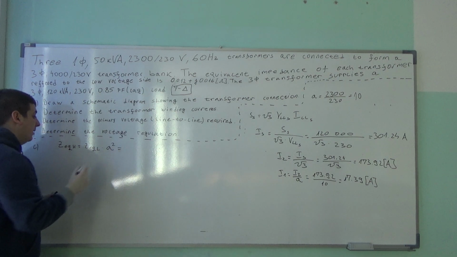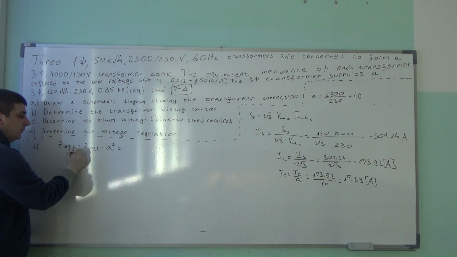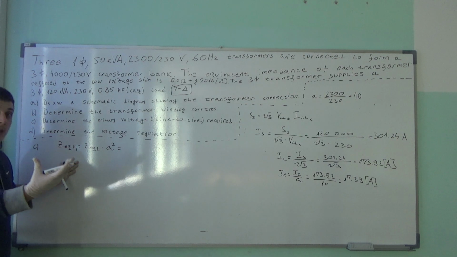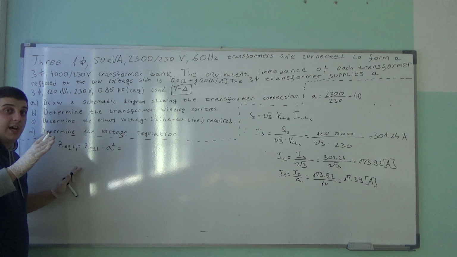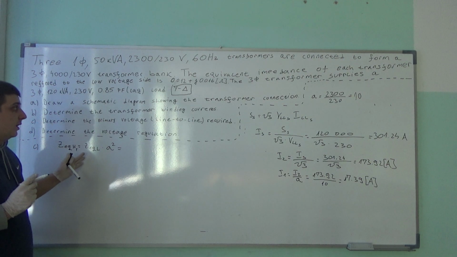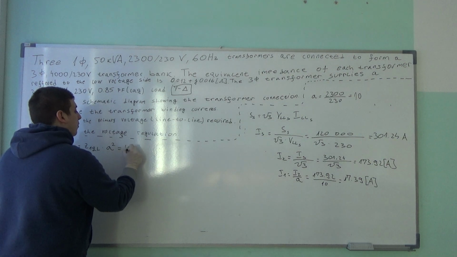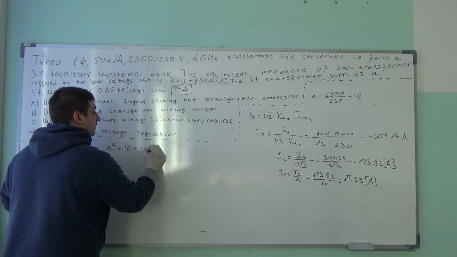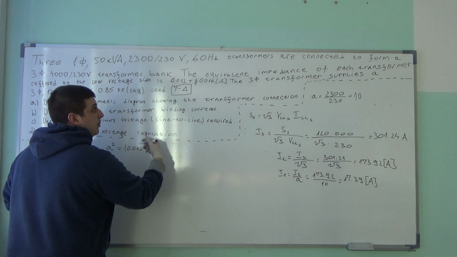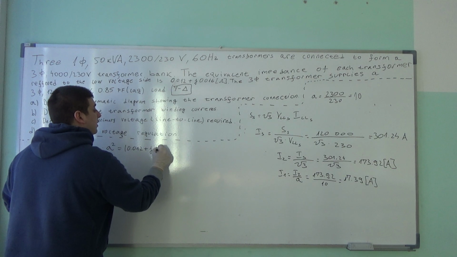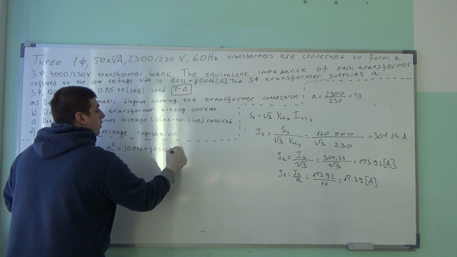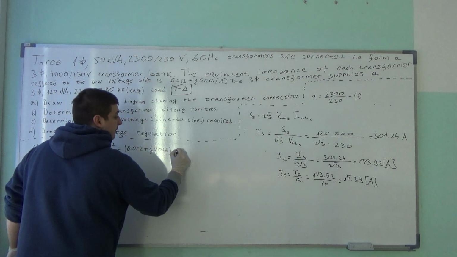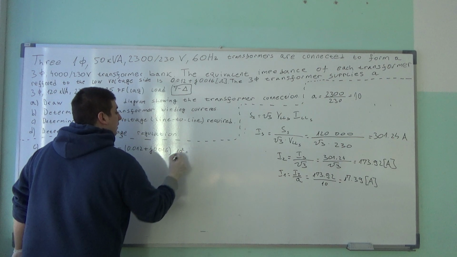So the equivalent impedance looking from the high voltage side is going to be equal to 0.012 plus j 0.016, all that times A squared, A is 10, so times 10 squared.